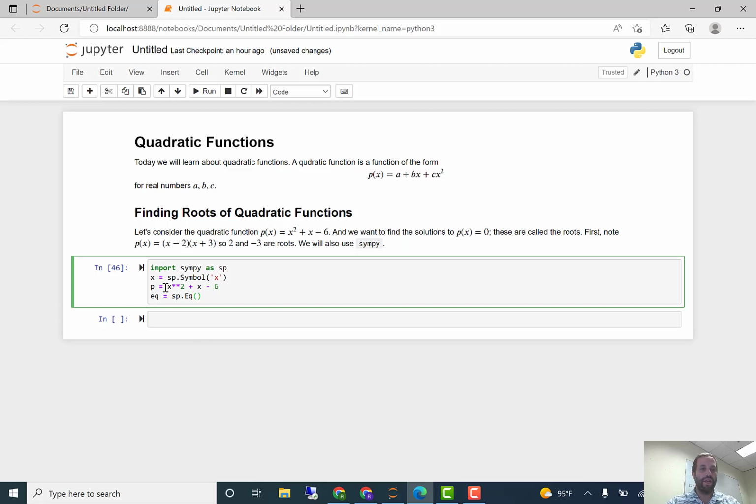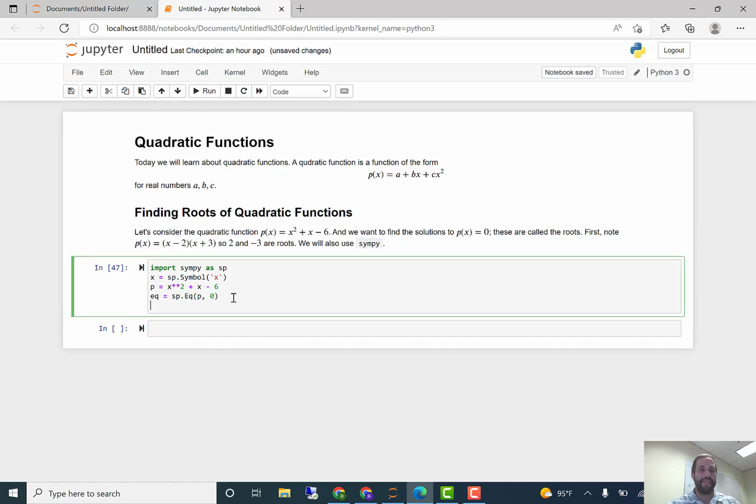The left-hand side is x squared plus x minus 6, and the right-hand side is 0. So now stored within Sympy is the equation x squared plus x minus 6 equals 0, where x is a symbolic variable. If I run this, you're not going to see any output unless I've made a mistake somewhere.